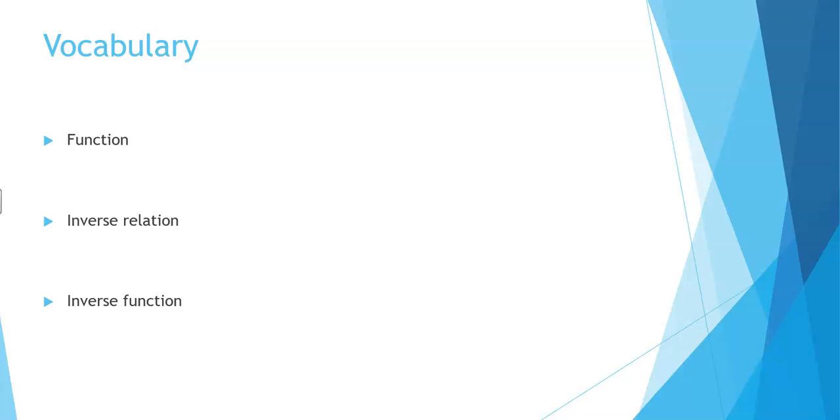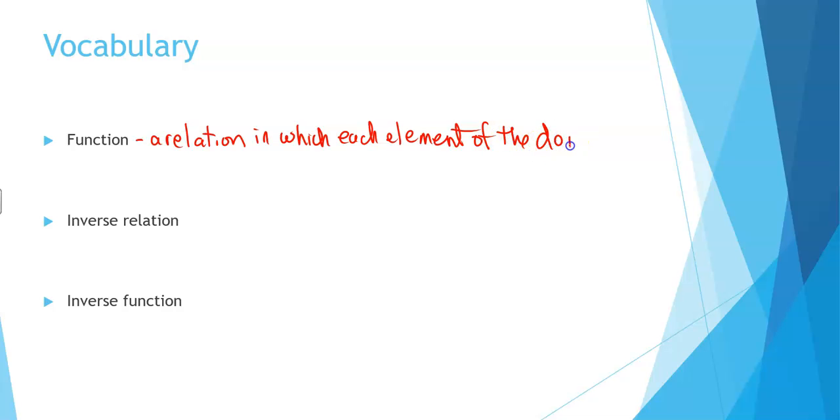And you remember what a function is. It's a relation in which each element of the domain, and that would be your x's, and that would be your x values, corresponds to exactly one element in the range.